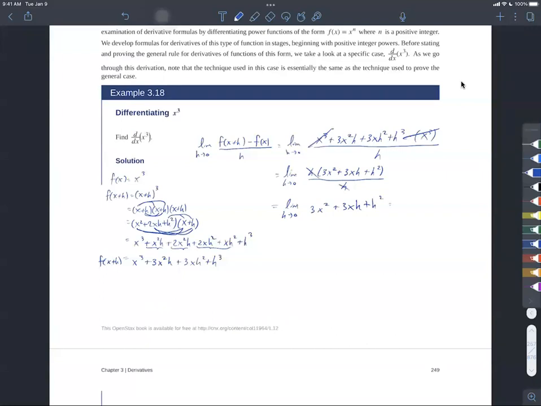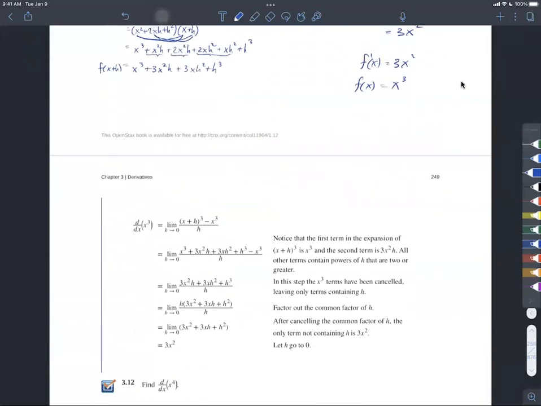Now we can use direct substitution, plug in 0 for h. This is 3x squared plus 3x times 0 plus 0 squared. You can see that the last two terms become 0. And so this is f prime of x. And we just found that f prime of x, the derivative function, is 3x squared when f of x is equal to x cubed.